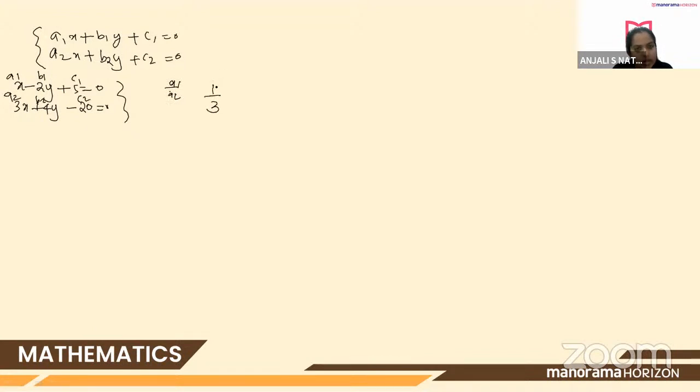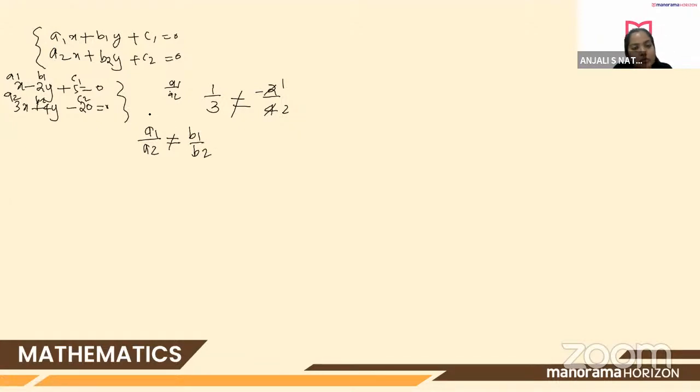And b1 by b2 is minus 2 by 4. If we cancel it, we get minus 1 by 2. Is 1 by 3 equal to minus 1 by 2? No, it is not equal. So here a1 by a2 is not equal to b1 by b2.